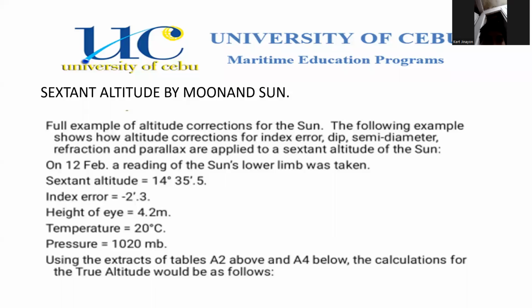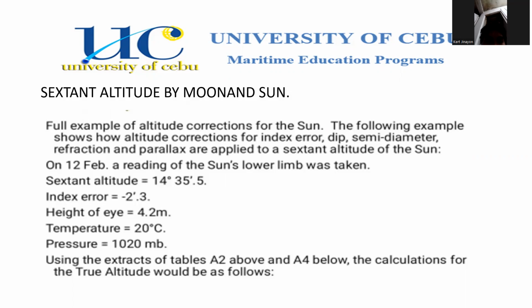Full example of altitude corrections for the sun. The following examples show how altitude corrections for index error, dip, semi-diameter, refraction, and parallax are applied to a sextant altitude of the sun. On the 12th of February, a reading of the sun's lower limb was taken. The sextant altitude from the observed target is 14 degrees 35.5 minutes.